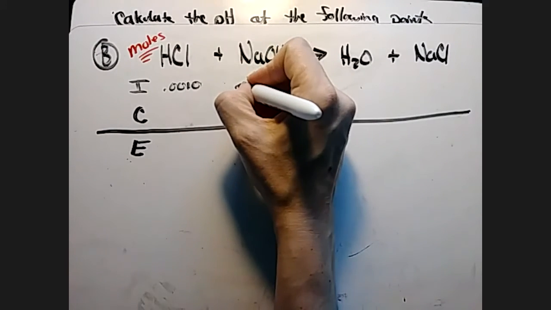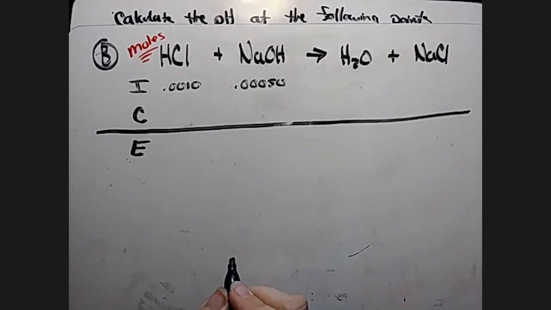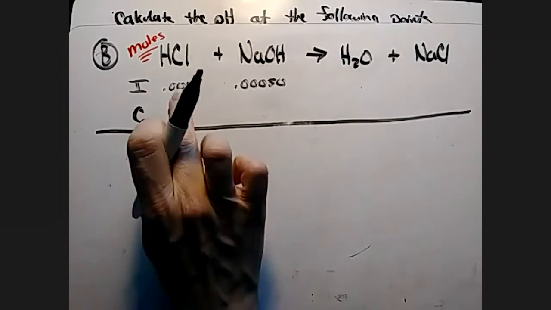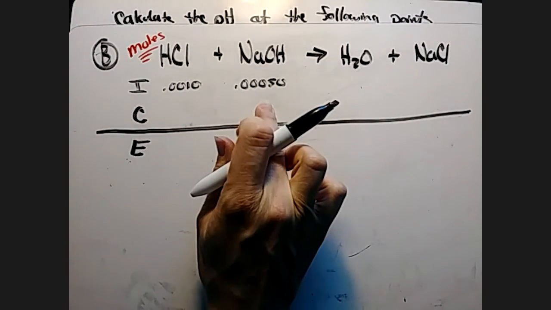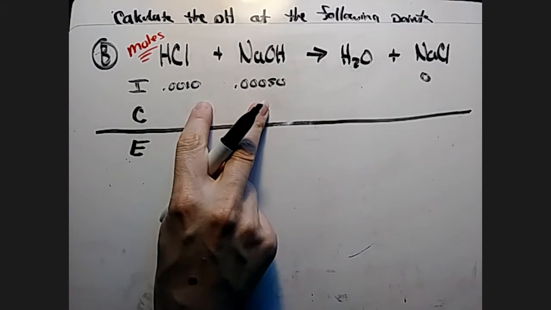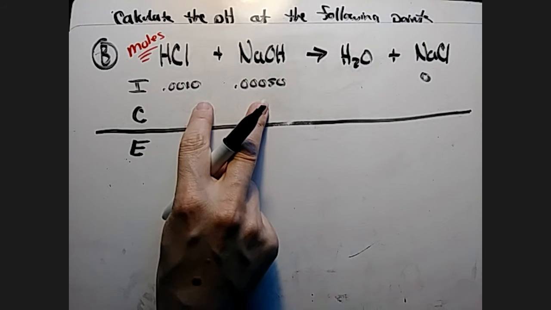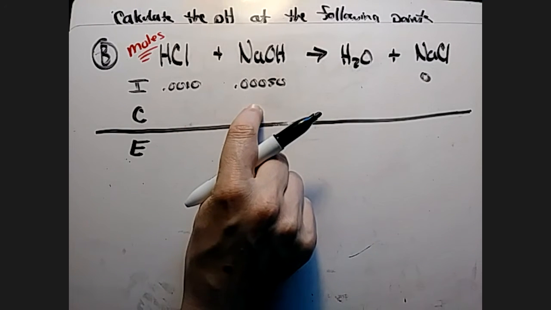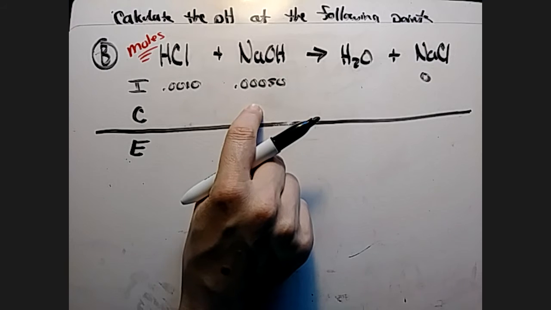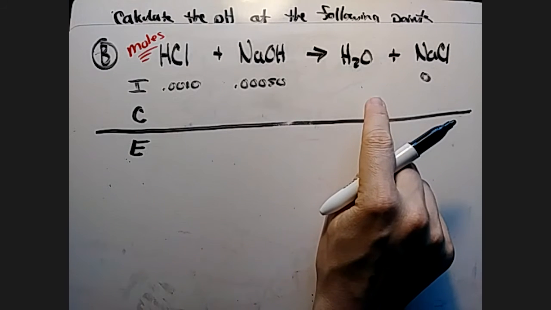This is 0.00050. Now remember again, these are a number of moles, and this is going to be a chemical reaction. Is it pretty clear to see which one of these is the limiting reactant at this point? I think so. It's the sodium hydroxide. How much of it are you going to lose? All of it. That's going to set my change.